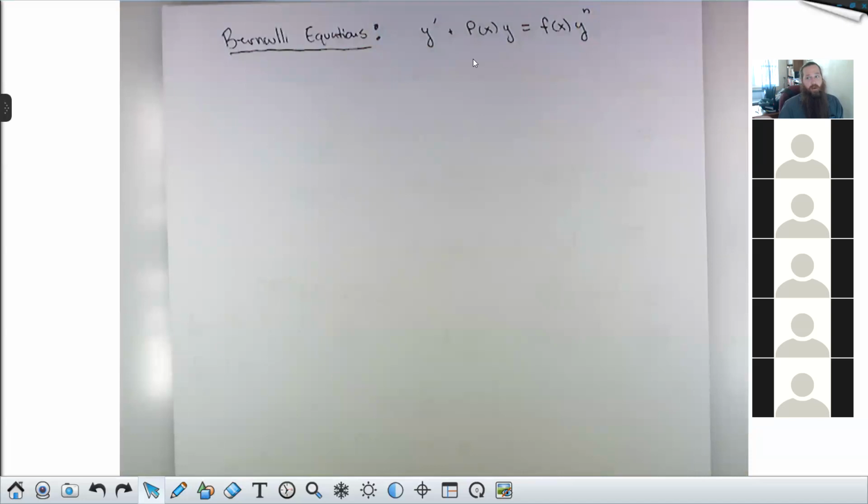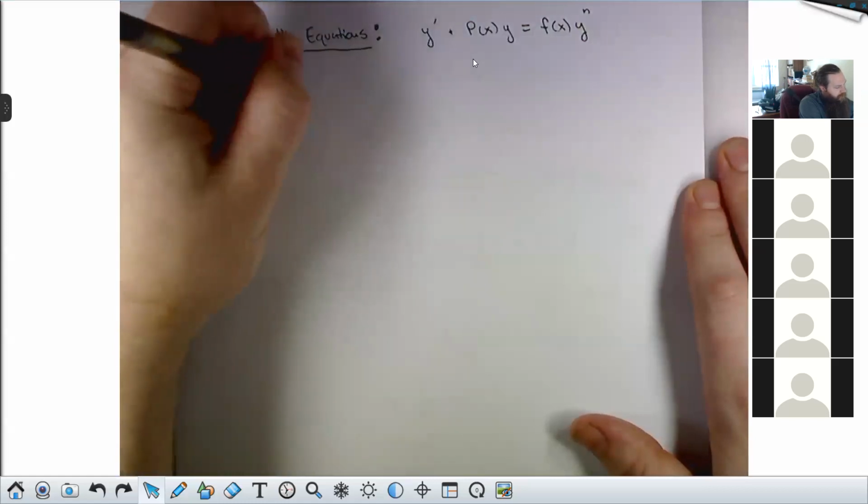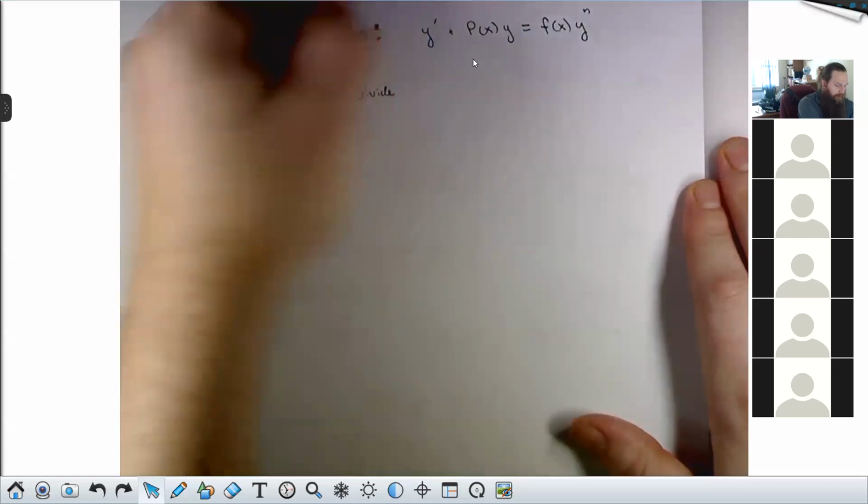But if n is non-integer, which is allowed, be clear about that, n does not have to be a whole number here, or if n is not equal to 1, just any other real number, then the move is to substitute. So how to solve? Divide by y to the n.